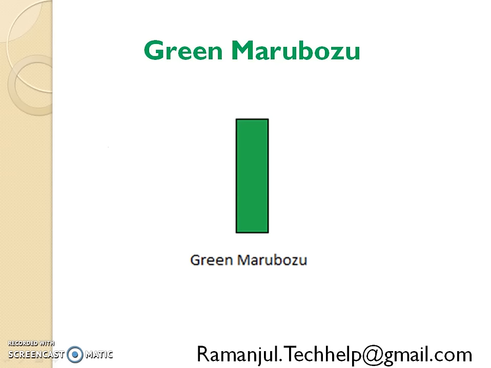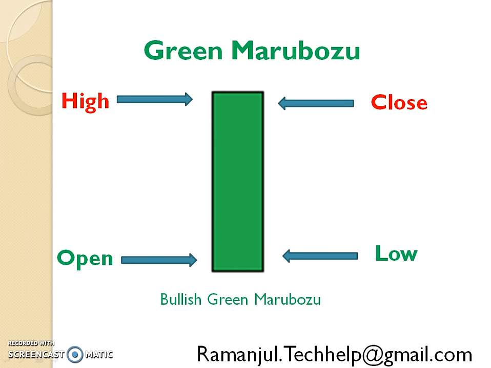If you look here, we have a green Marubozu. We don't have any shadows here, we have only body. It's a green Marubozu, a bullish green Marubozu, we can tell. At the top we can see high and close, and down we can see open price and low price.